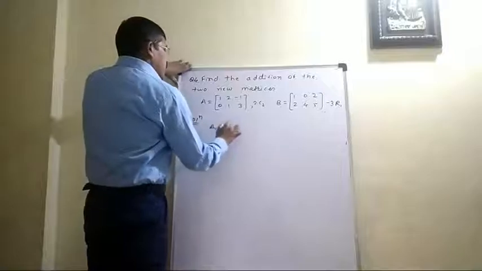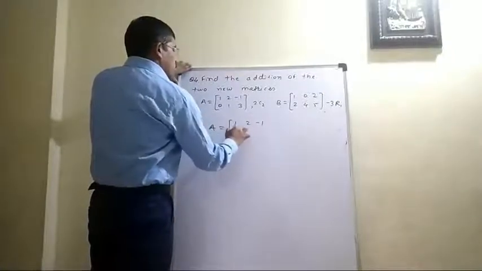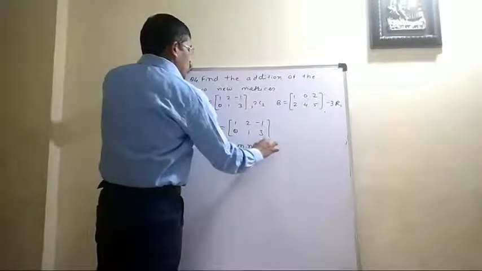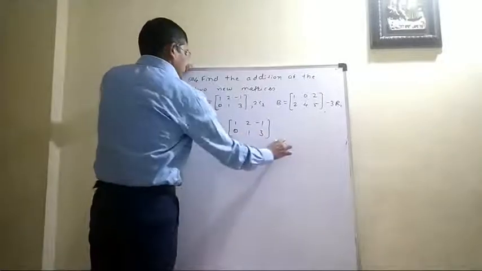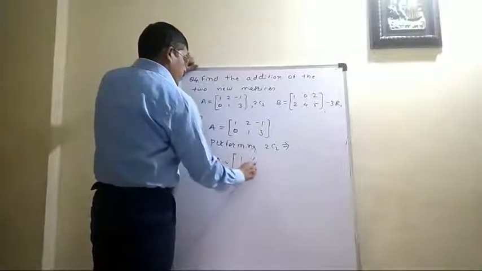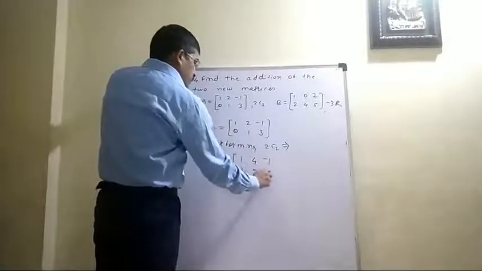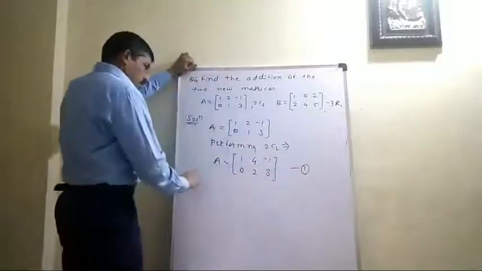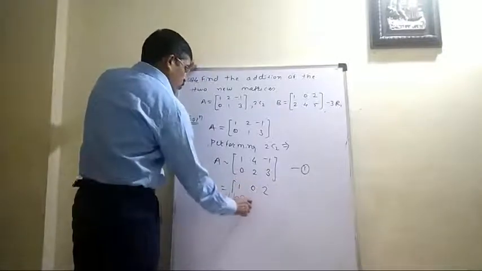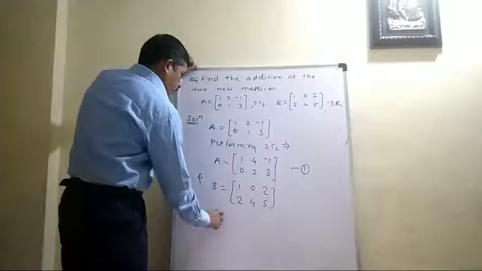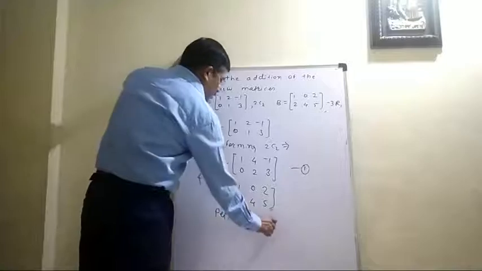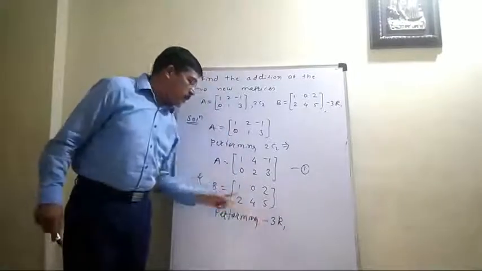Here A is equal to [1 2 -1; 0 1 3] and performing the operation 2C2 on it, we get the equivalent matrix of A as [1 0 4; 2 -1 3], it is number 1, and B is equal to [1 0 2; 2 4 5]. Here we can perform -3R1. It means we have to multiply the first row by -3.